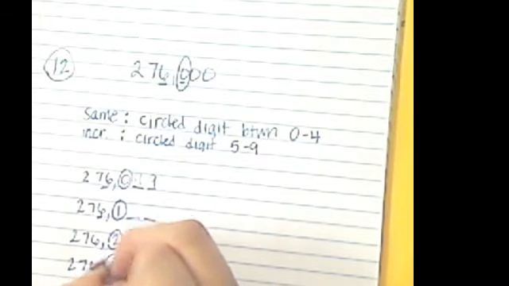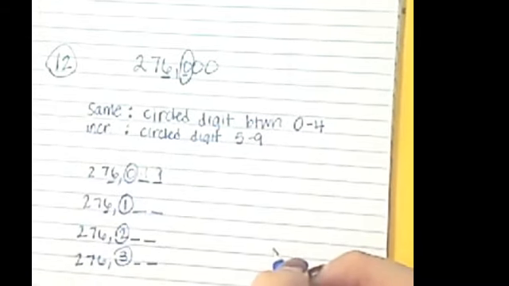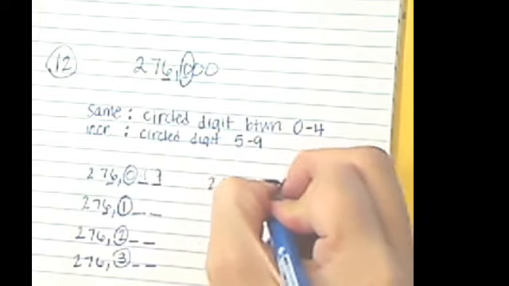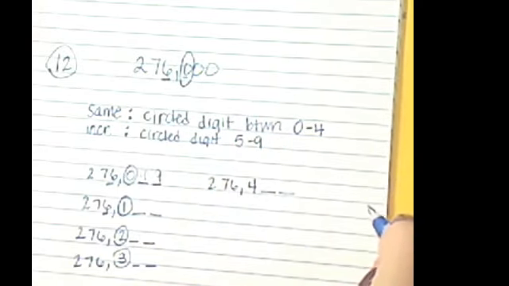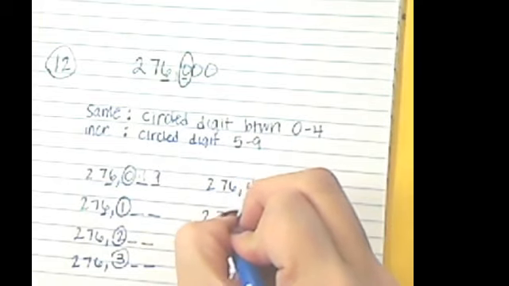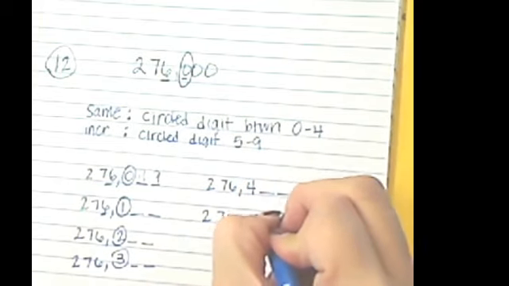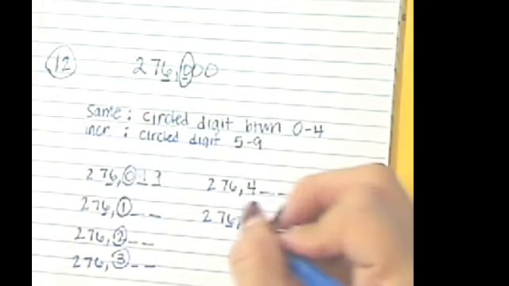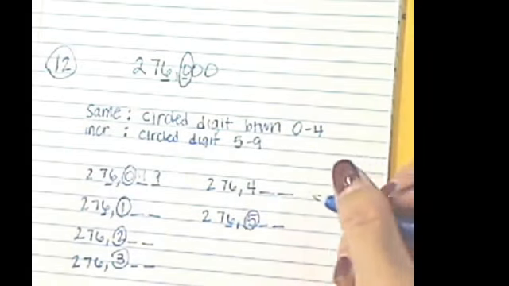276,300 something. 276,400 something. But when I go up to 276,500 something, what would happen to the 6?